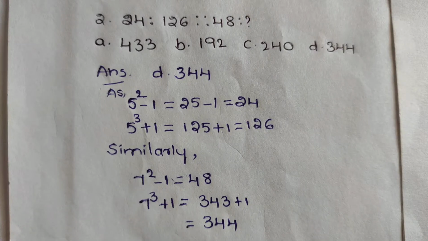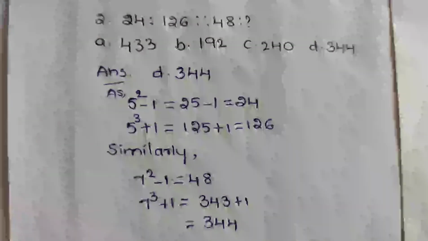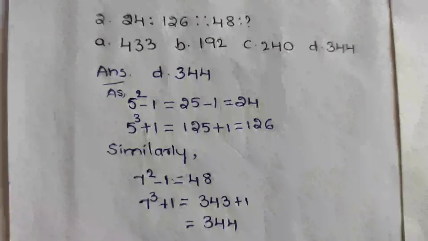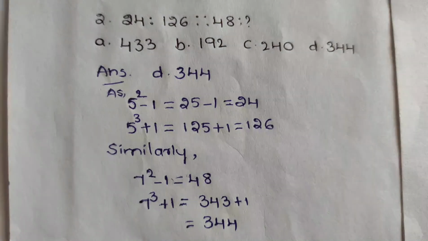I have already told you that in analogy we have three types: one is number, another one is alphabet, and another one is word. Under number based questions we have to relate each and every question with squares, cubes, addition, subtraction, multiplication.